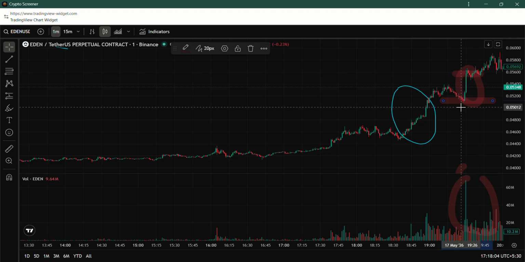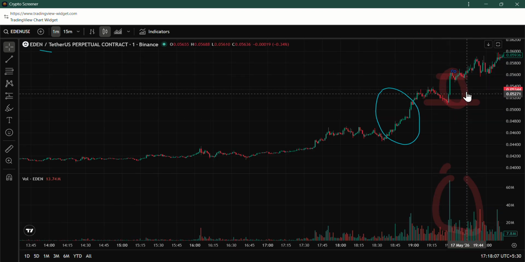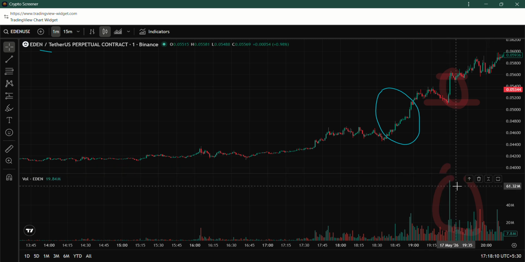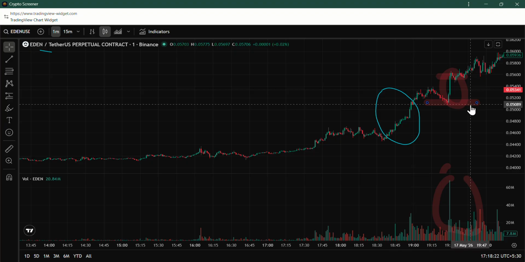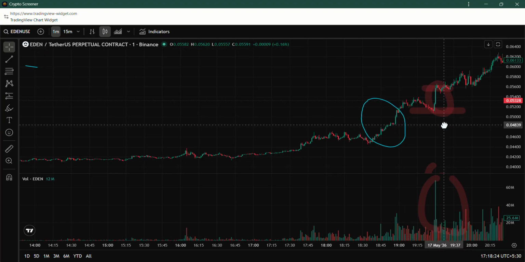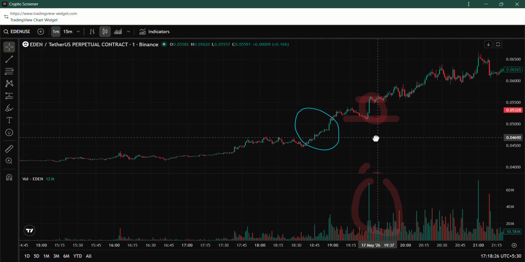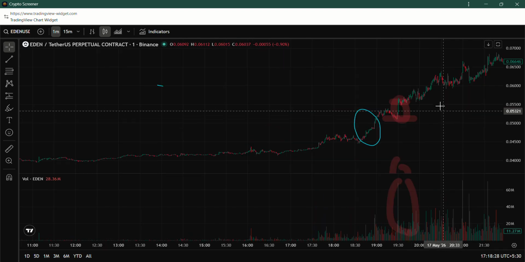My subconscious mind said that there is a very big player or institutional activity present here. So when you trade with the institution, you are also profitable. Here is a very good price movement.